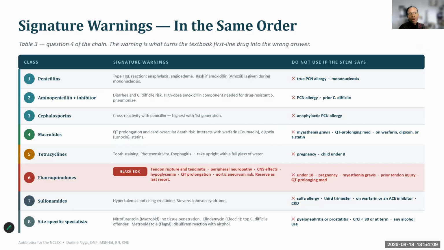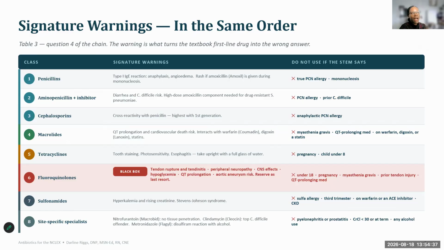So if you see sulfur allergy, okay, remove the sulfonamides. Okay. 3rd trimester, no sulfonamides. They're on warfarin or ACE inhibitors, or they have chronic kidney disease, right? Because of the rise in the creatinine. Get rid of the sulfonamides. That's not the drug for this client. So keep these in mind.